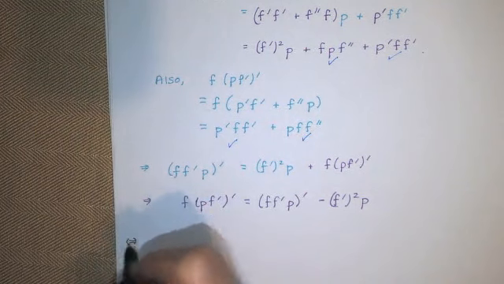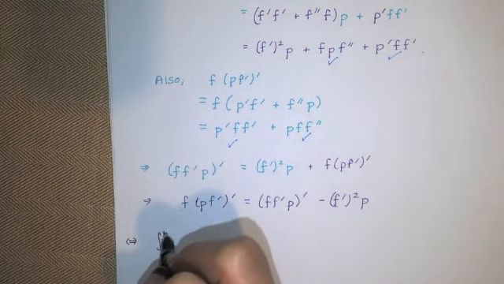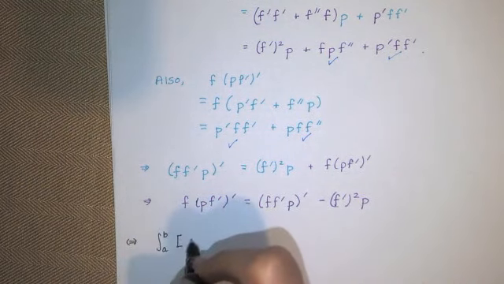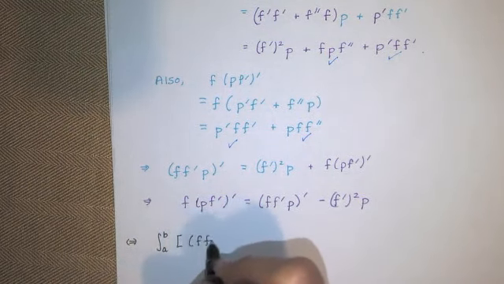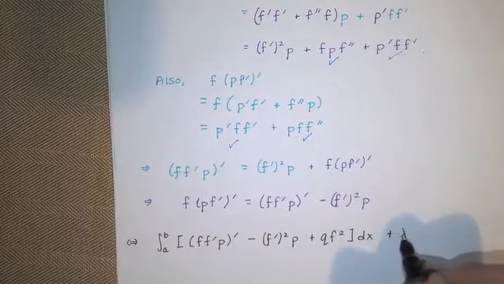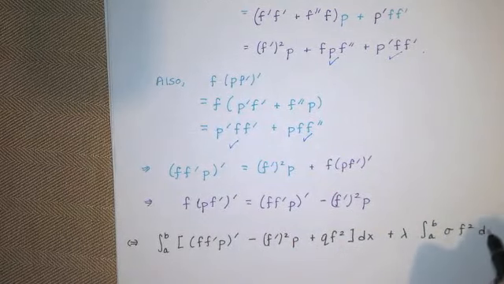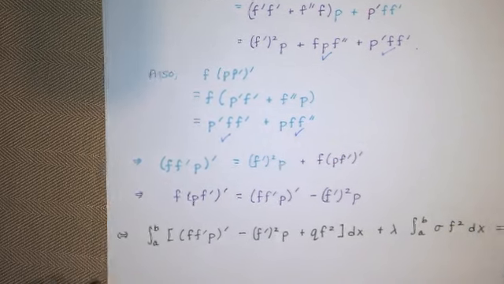We have this. The original, we have the integral from a to b of this, which is equal to this, plus lambda times the integral from a to b of sigma times f squared dx equals 0.